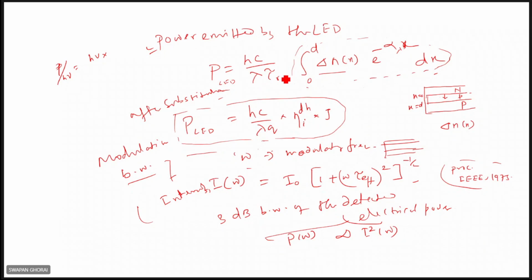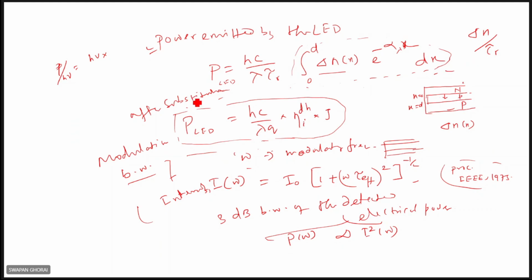That is the total excess carriers divided by tau r, the total recombination, because delta n upon tau r is the radiative recombination. That will give the light. So power emitted will be hc by lambda tau r times the integral from 0 to d of these terms.